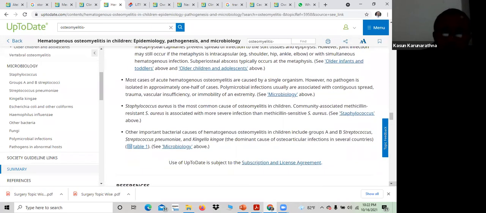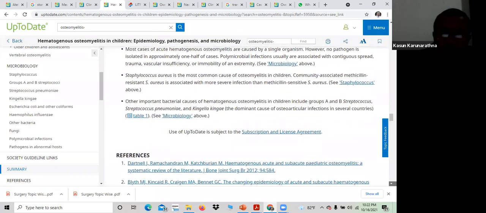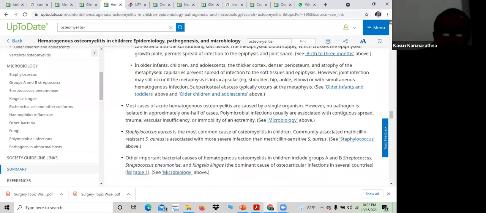Most cases of acute hematogenous osteomyelitis are caused by a single organism. Right? Staph aureus is the most common cause of osteomyelitis.